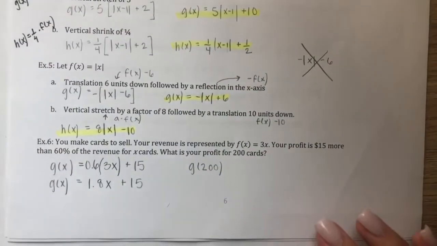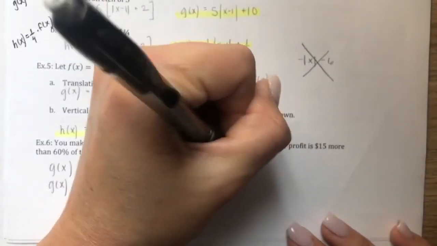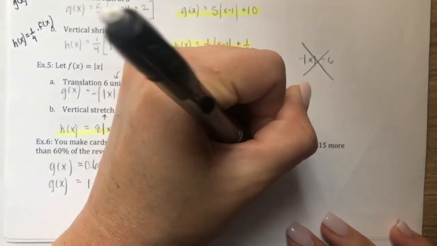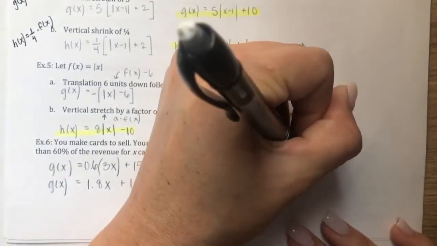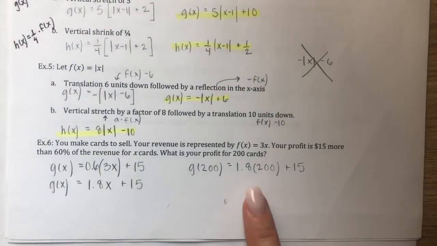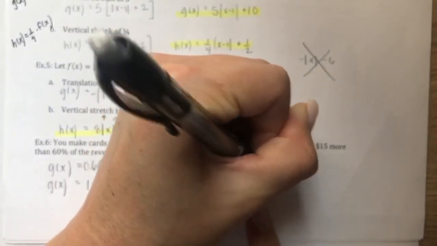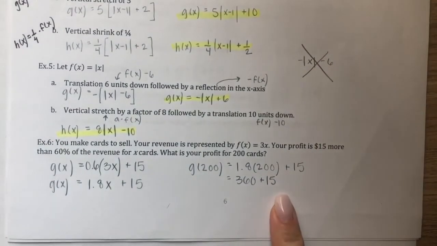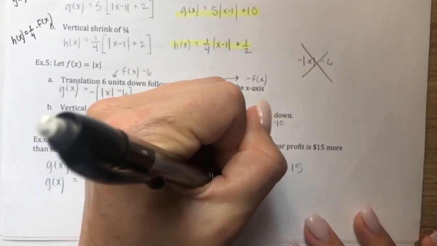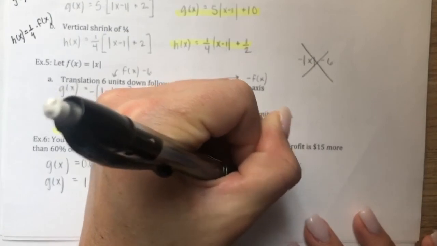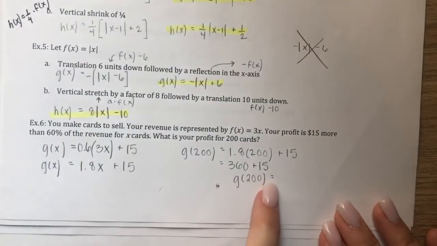So g of 200 is equal to, I'm just going to substitute 200 in for x, so 1.8 times 200 plus 15. 1.8 times 200 is 360. 360 plus 15. So our profit, g of 200, or our profit for 200 cards, is $375.